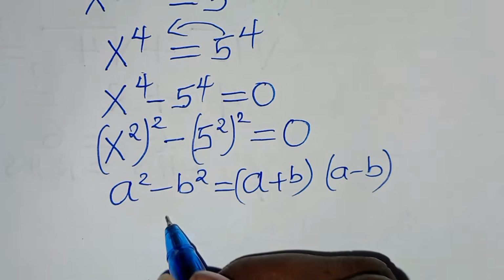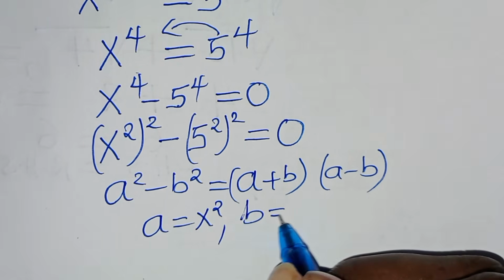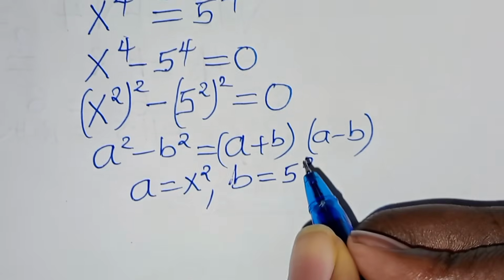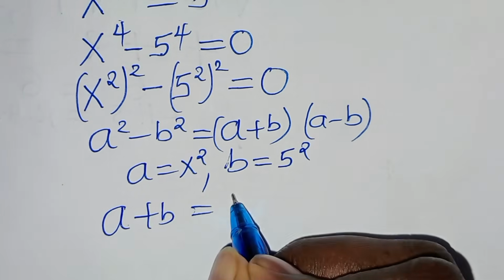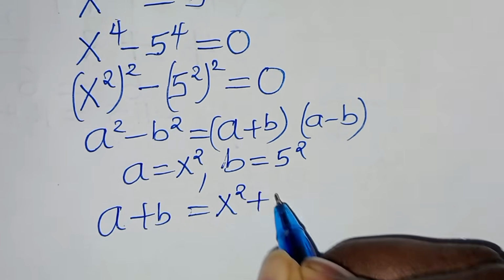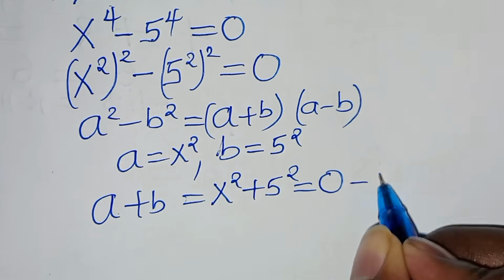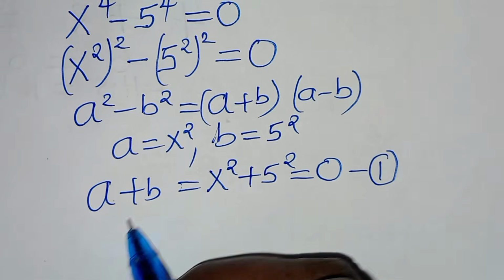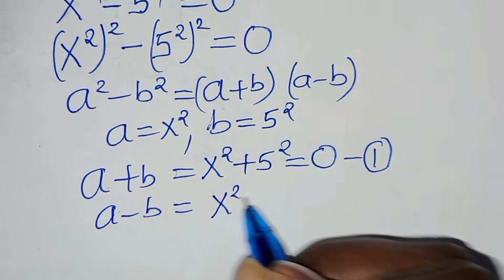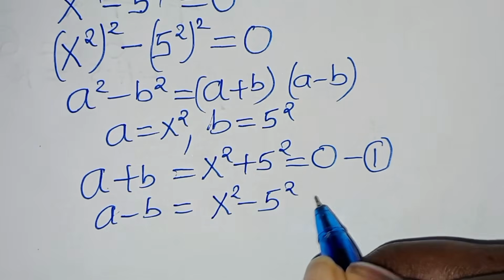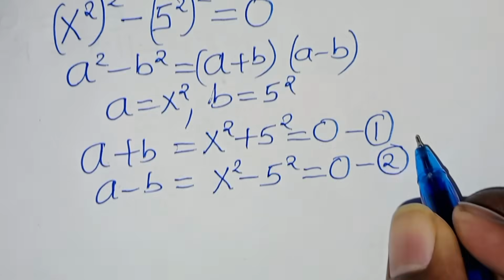Here a is equal to x squared, b is equal to 5 squared. So a plus b, x squared plus 5 squared equal to 0, let's call this equation 1. And a minus b, x squared minus 5 squared equal to 0, let's call this equation 2.